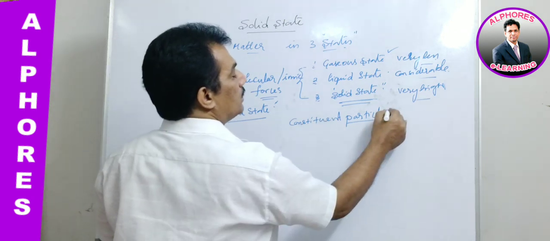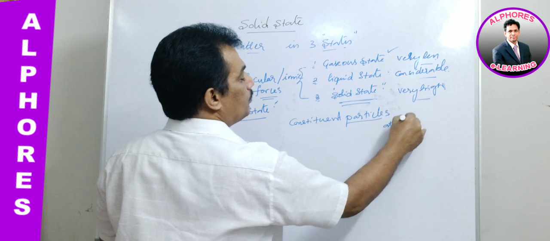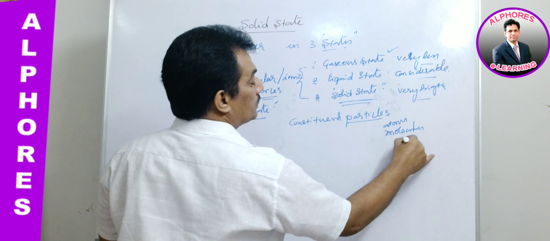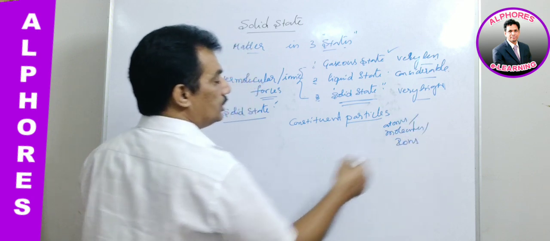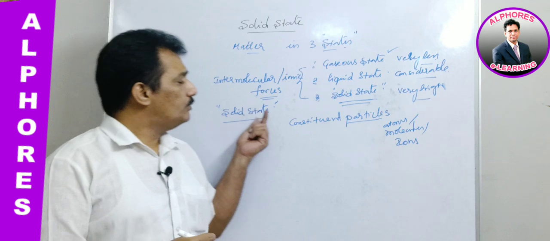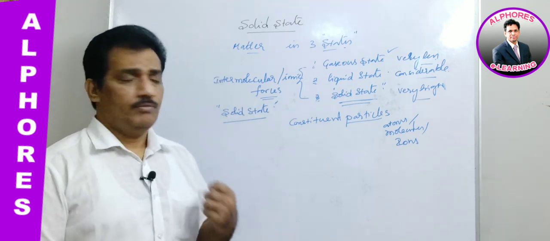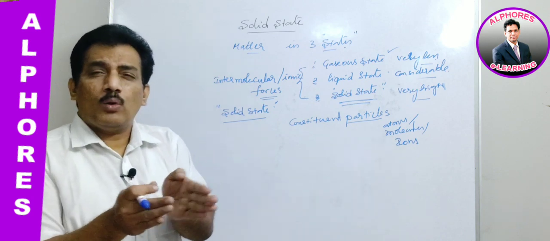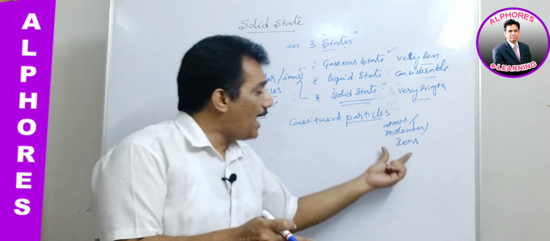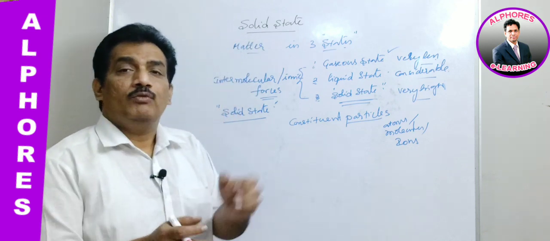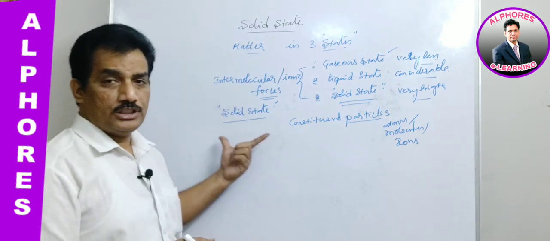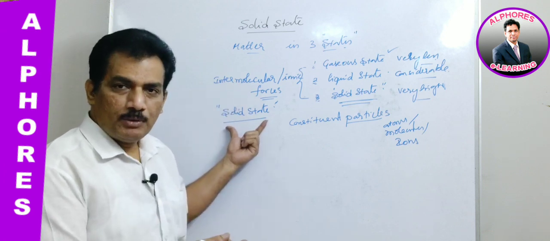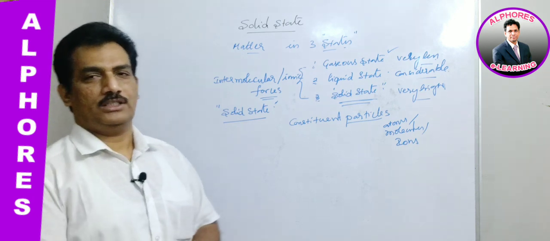Constituent particles may be atoms, molecules, or ions. So the state of the substance in which the constituent particles are held together very closely, closely packed and held together with strong intermolecular forces of attraction, is said to be solid state. Again I am repeating because it is the definition for solid state.